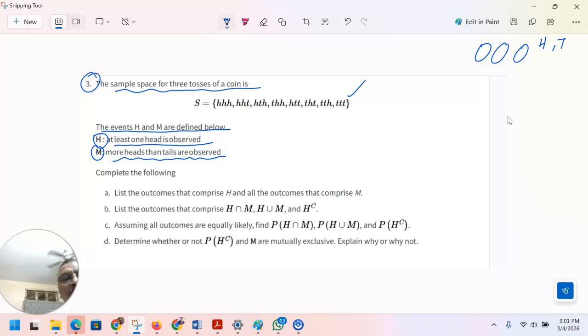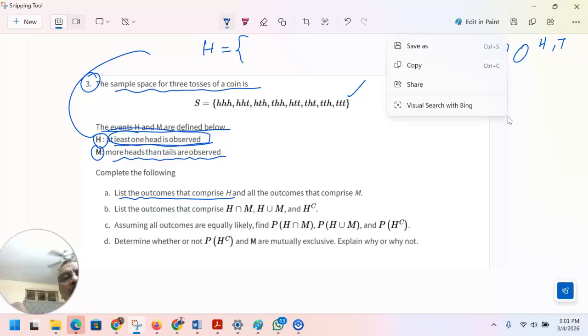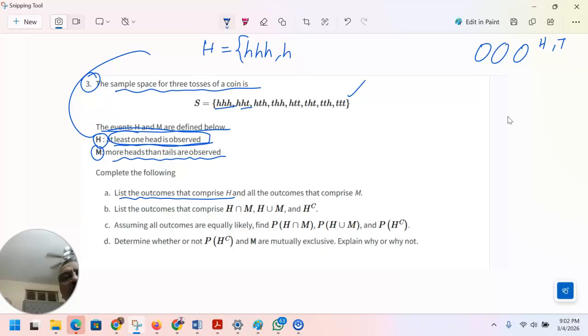So let's write down the first part: list the outcomes that comprise each. We can write right here H. What is H? It is the outcomes with at least one head. So the first one is correct, H H H. Here also there is H H T. This one also, H T H. This one is T H H. At least one means it can have one head, two heads, or three heads.